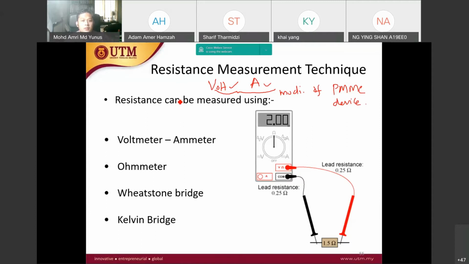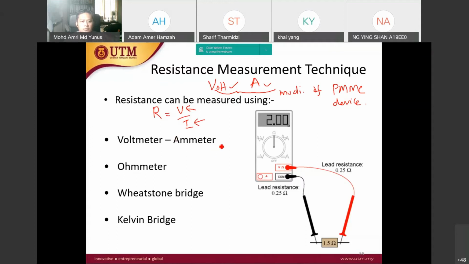We know from Ohm's law that resistance can be calculated if we can measure voltage and also measure current.